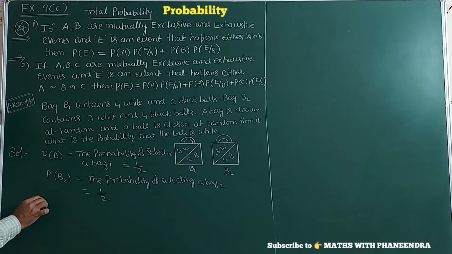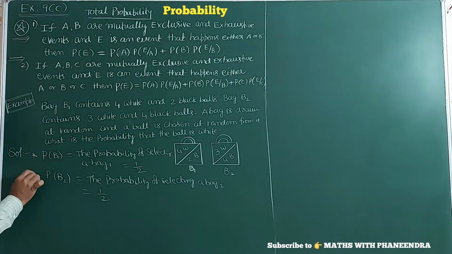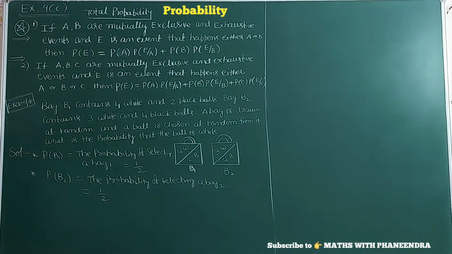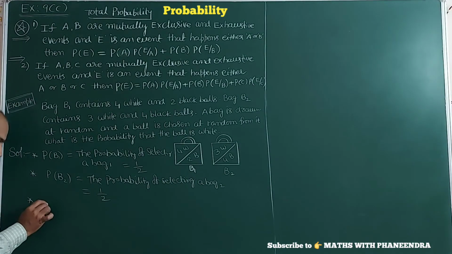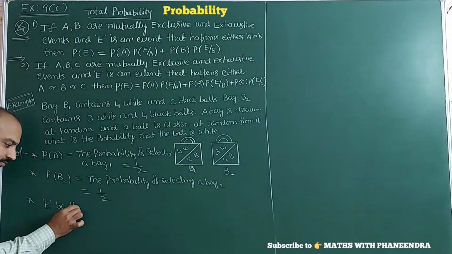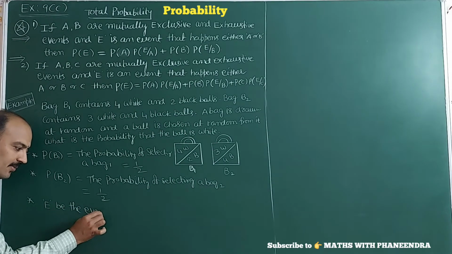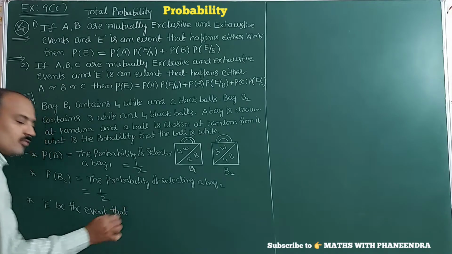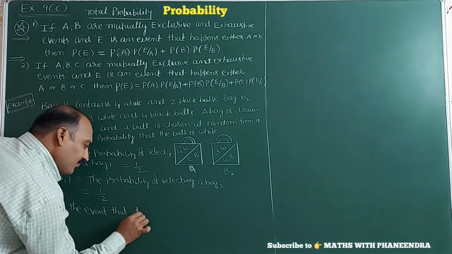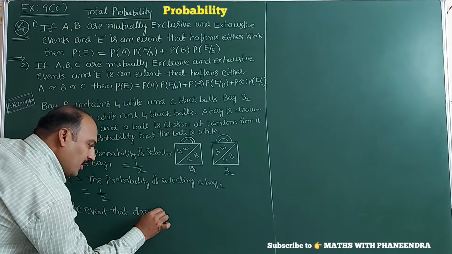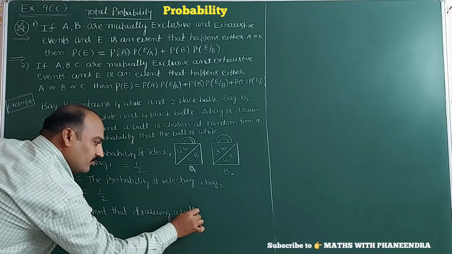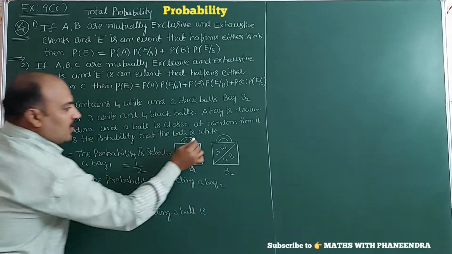Now, here we are assuming that the first step, selecting the bag, is completed. Now, capital E be the event that drawing a ball is, which ball are they asking?